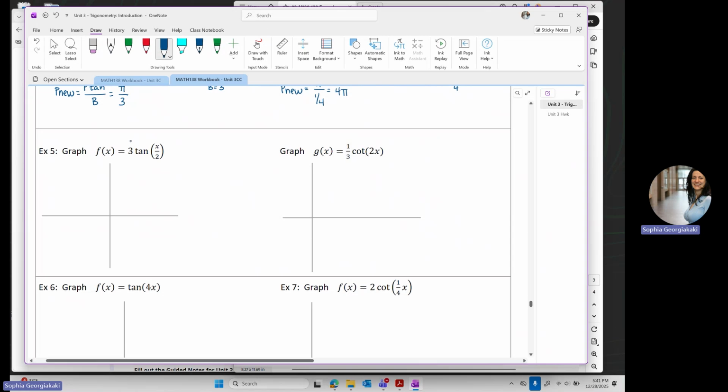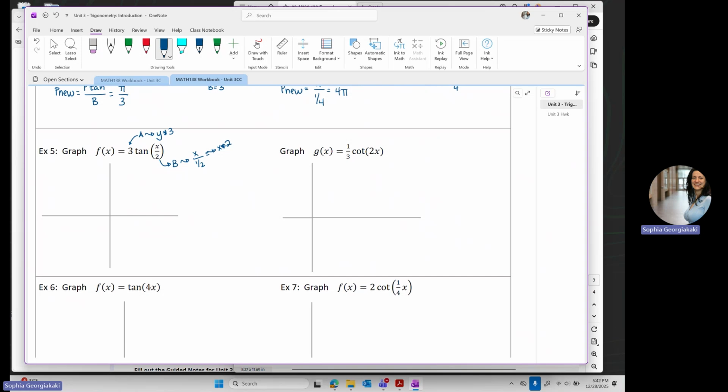So if you remember, for transformations, this is A, and A is a vertical scale. So all the y values will be multiplied by 3. This is B. It's a horizontal scale, and that means that all the x values will be divided by B. B is 1/2, so all x values will be multiplied by 2.